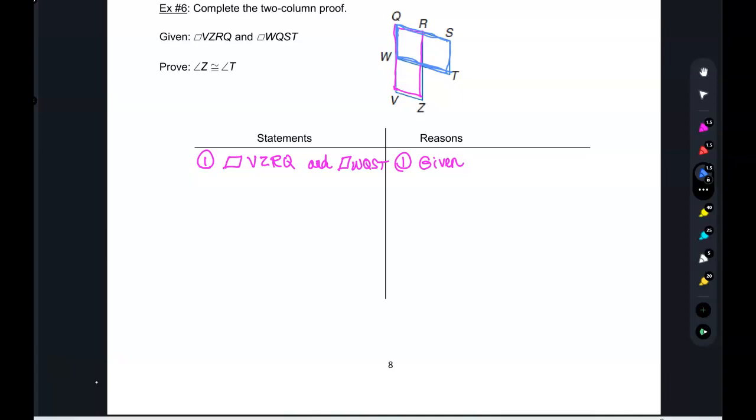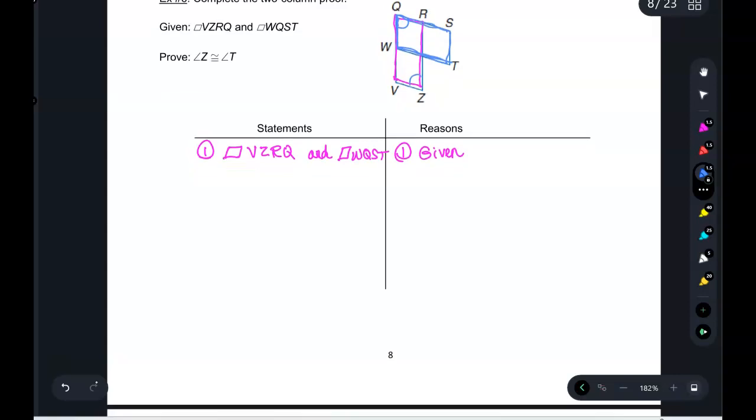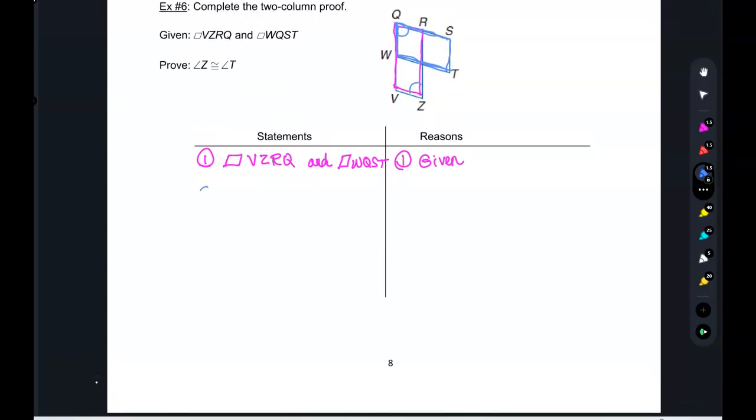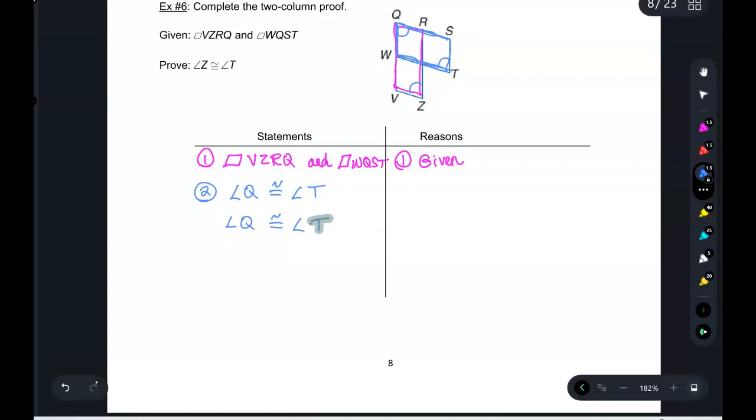And what do we want to prove? Angle Z is congruent to angle T. What do you think? Q is equal to Z. Yep. Q is congruent to Z. And Q is congruent to T. I meant Z. What's the reason?